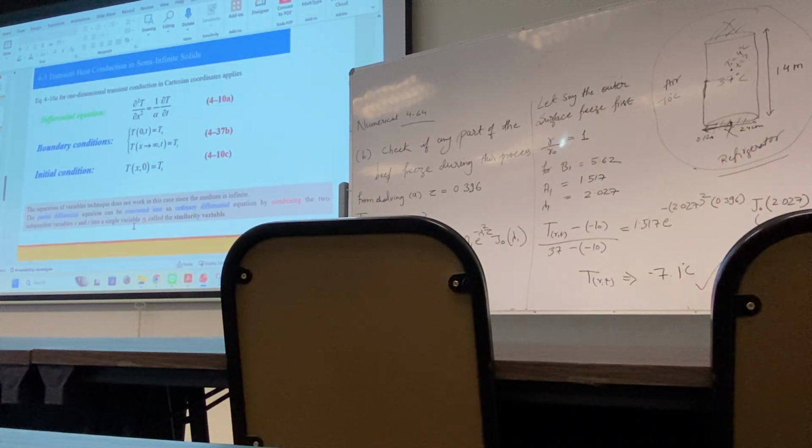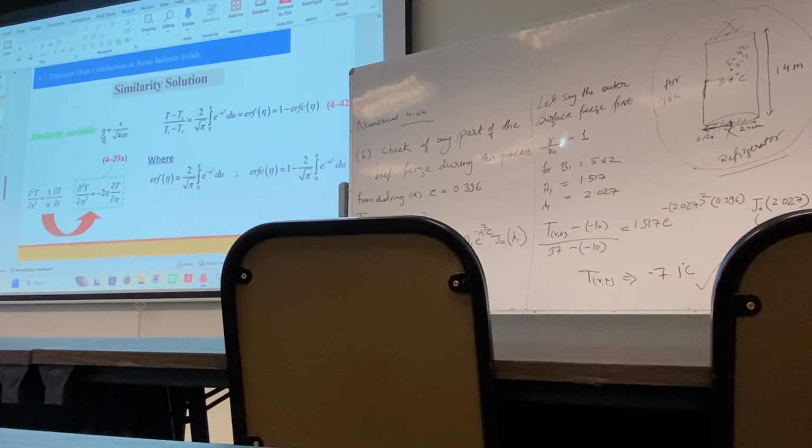So combining these two is one unit called eta, which is called the similarity variable. I will explain all of this, their physical meaning. But these are the similarity variable, and I will explain all of this. The error function, the coefficient of the error function. Okay.